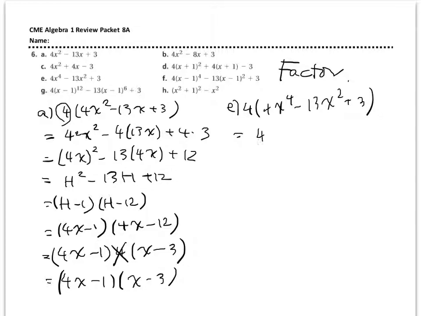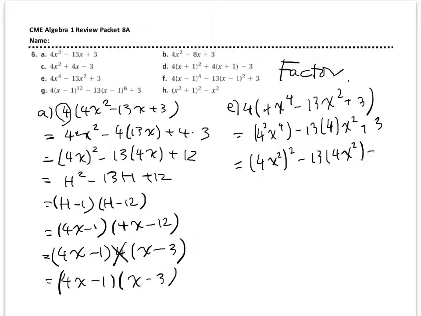We have 4 squared times x to the fourth minus 13 times 4 times x squared plus 4 times 3. So that should be 12. And then if you put the hands on, h squared minus 13h plus 12, and it looks exactly like this problem right there.